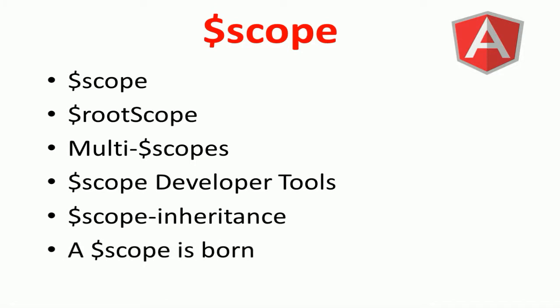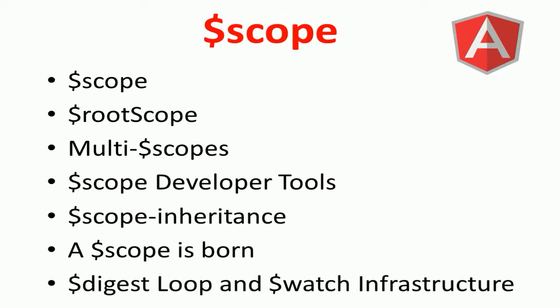We will also take a quick look at how scope objects are created during the Angular application initialization process. And to finish up, we will discuss how Angular updates the HTML view whenever the scope is changed. This is accomplished with the Angular watch infrastructure, which is designed to observe model mutations on the scope object.